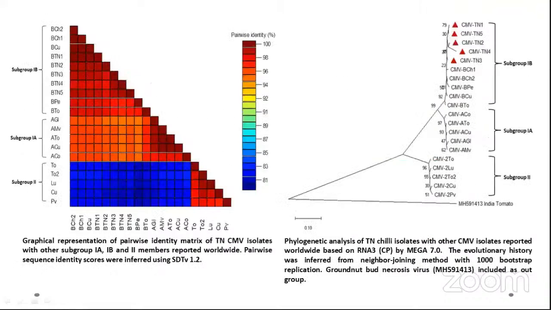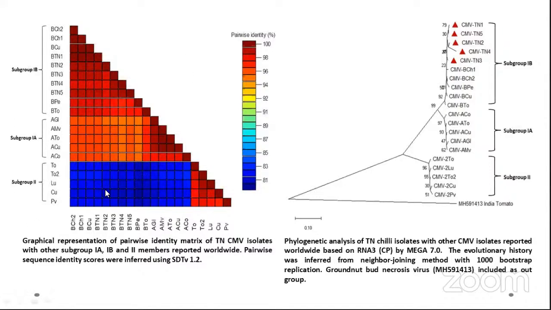Then we did the pairwise identity matrix for TN isolates with the other subgroup IB, IA, and 2 strains. From this, the TN isolates showed 97 to 99% homology with subgroup IB, 92 to 93% homology with subgroup IA, and 82 to 83% homology with subgroup 2.